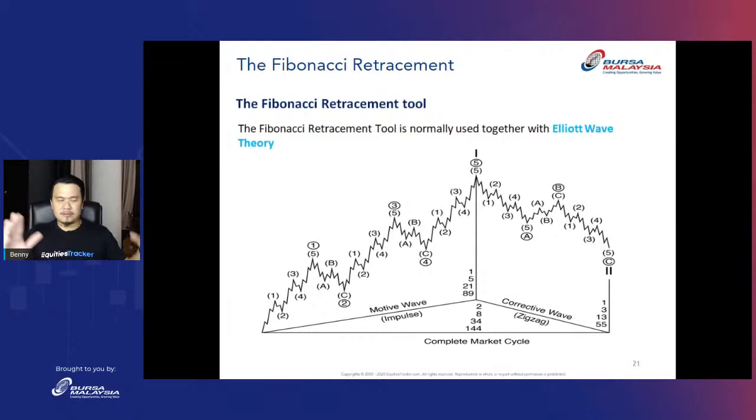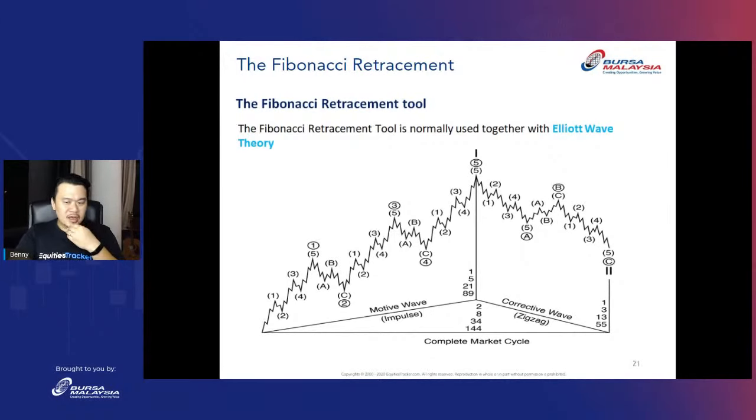So if, let's say, the stock began 20 years ago, you have to make sure that the rules would fit on the 20 years of data. All right, so if let's say you have calculated a wrong wave, that means that you probably missed out one of the rules. You have to basically do the calculation all over again since the beginning, which is 20 years ago. So it's really time consuming.